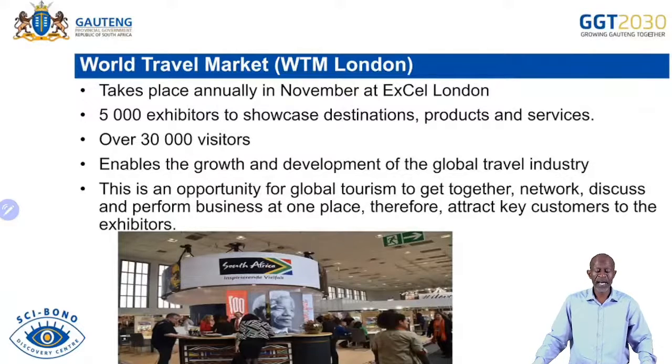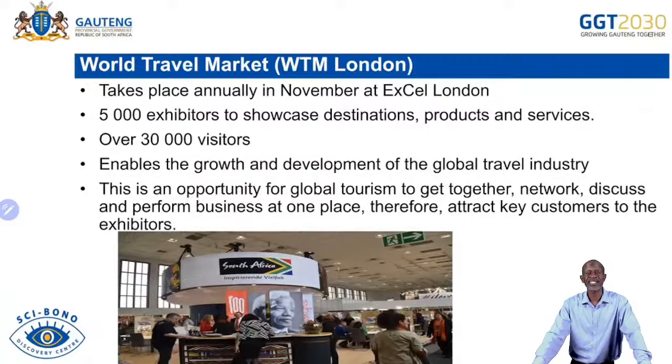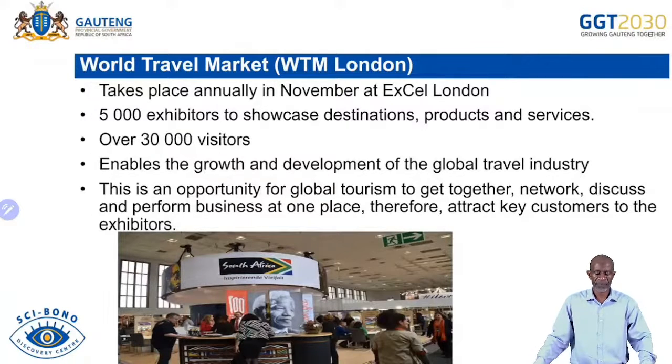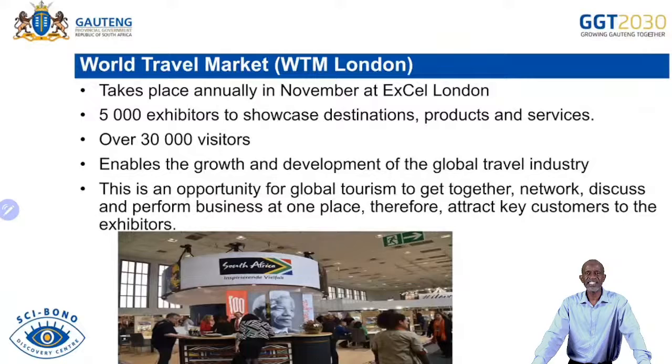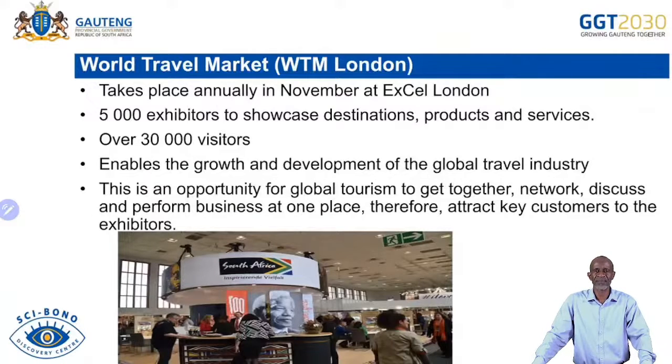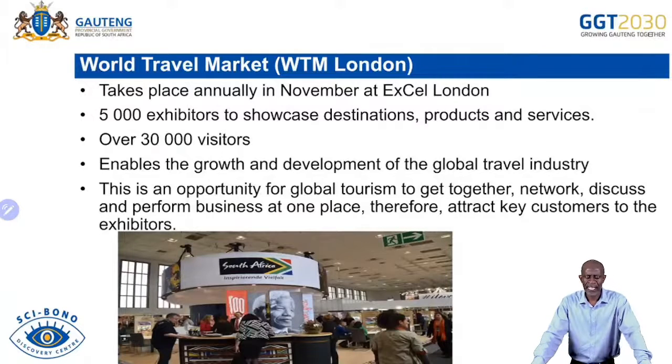Here you'll come across 5,000 exhibitors showcasing their destinations, their tourism products and services. This event is visited by over 30,000 visitors, and this happens in November annually in London.